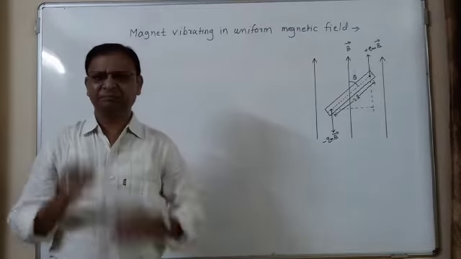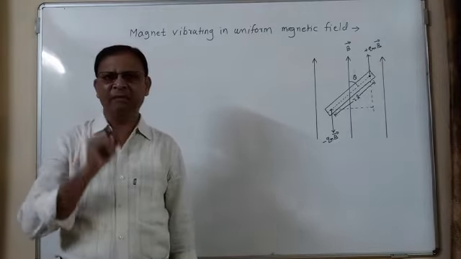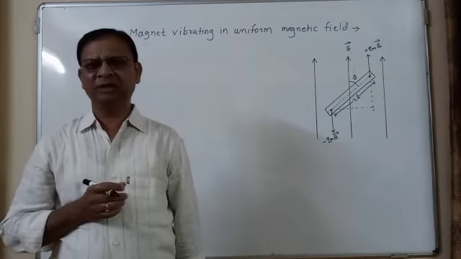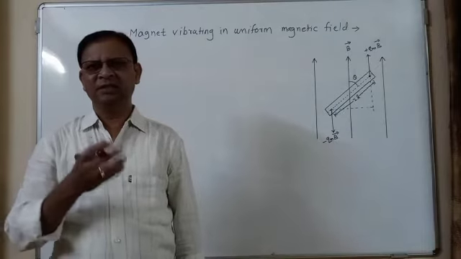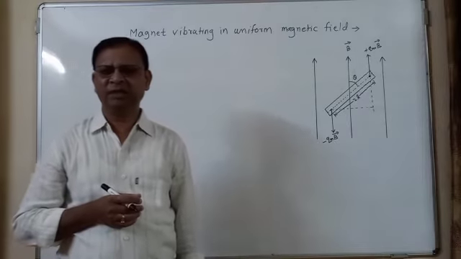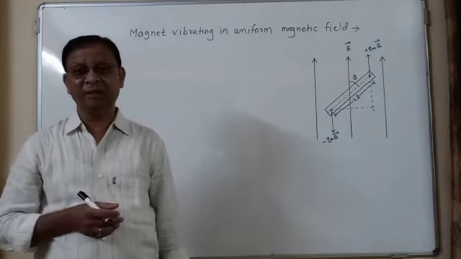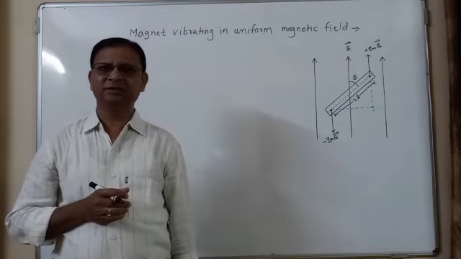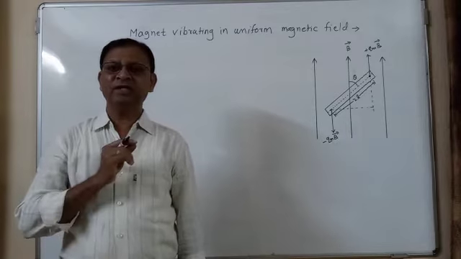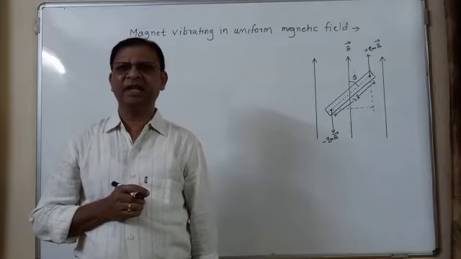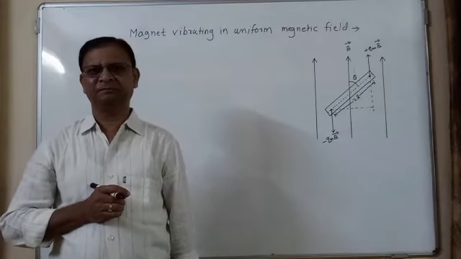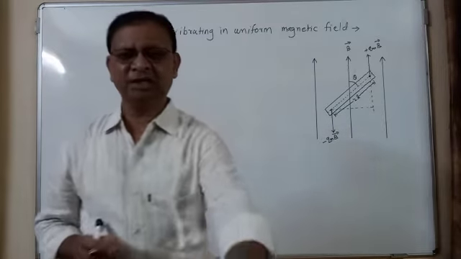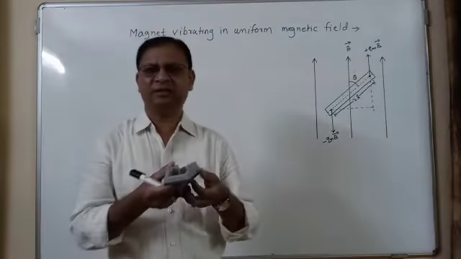You know about the bar magnet and its properties. One of the properties of a bar magnet is that it always remains in the direction of the magnetic field.